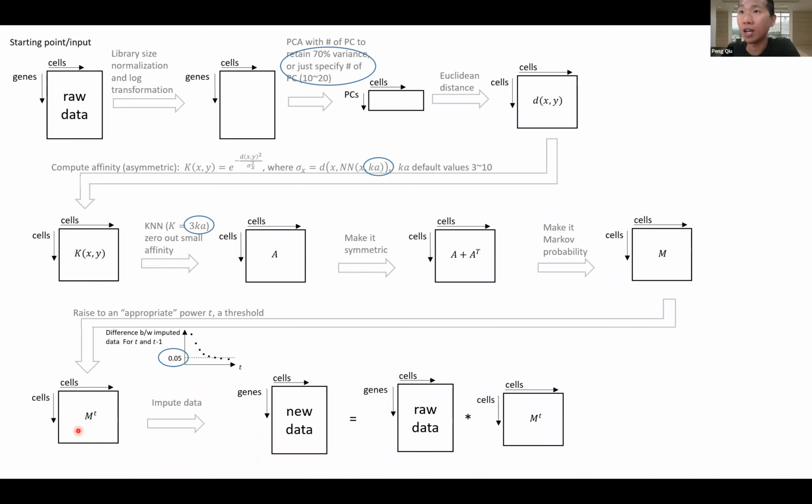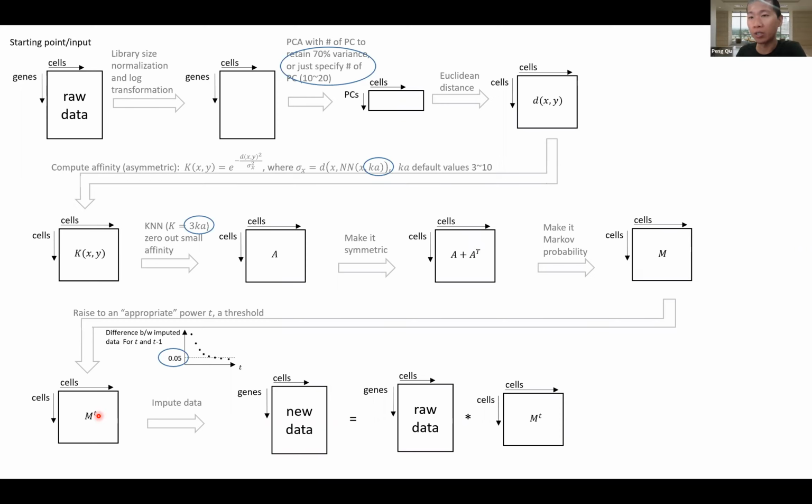Their basic idea is that once they have this k-nearest neighbor graph that connects cells that are similar to each other, then in order to impute one cell, we can look at this cell's direct neighbors, just its k-nearest neighbors. But we can also look at this cell's k-nearest neighbors plus those neighbors' neighbors, so this cell's two-step neighbors. We can also look at this cell's three-step neighbors or t-step neighbors.